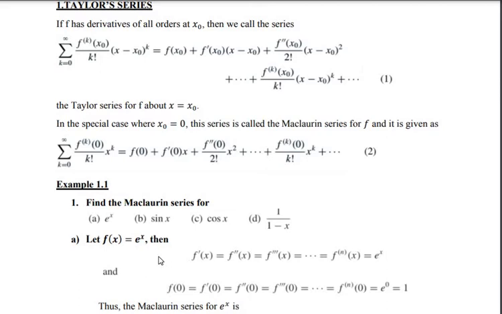Then f dash of x, f double dash of x, and f triple dash of x, etc. will all be equal to e raised to x. And at x equal to 0, f of 0 is equal to 1, and f dash of 0, f double dash of 0, f triple dash of 0, etc. will be equal to e raised to 0, that will be equal to 1.